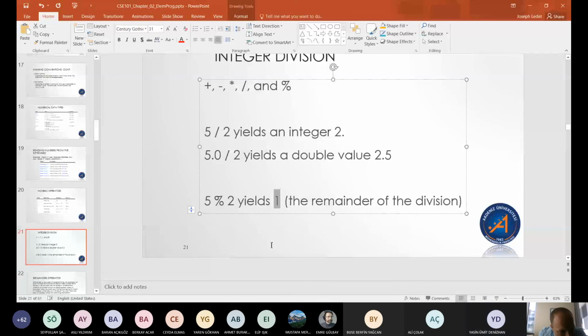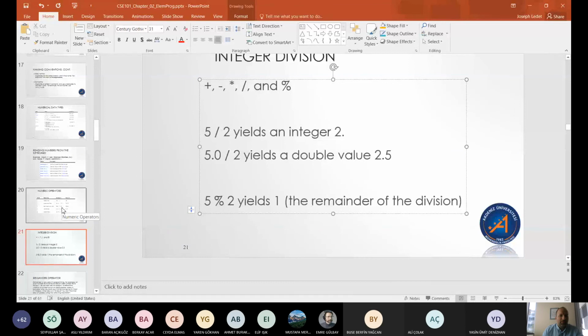Oh, I thought there was a question. When 5 divides by 2, we get 2 with a remainder of 1, right? So that's where this 1 comes from. It's the remainder when we divide this by this. 5 divided by 2 would give me 2 with a remainder of 1.